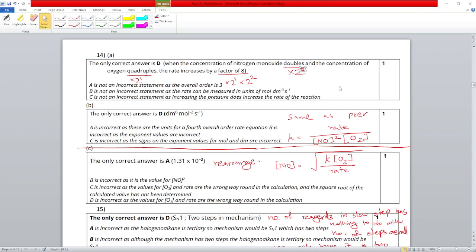And the oxygen has a power of 1 because it's first order, right? In both of these cases, we are putting a 2 down here because it tells us it's doubling, and here it's quadrupling. Wait, no, never mind. I was fine earlier. Yeah, okay.